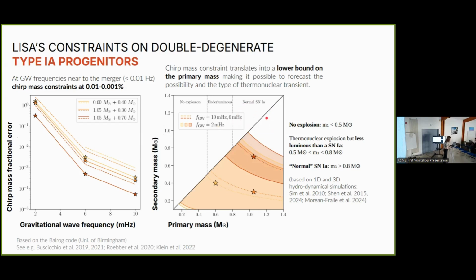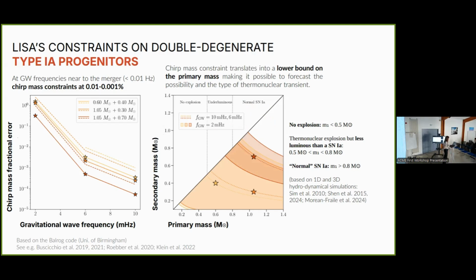And if the primary is above 0.8 solar masses, that results in a type 1a supernova. So from the LISA data, we will be able to flag which of these binaries will eventually detonate and produce a thermonuclear transient or type 1a supernova, which I think is really cool.